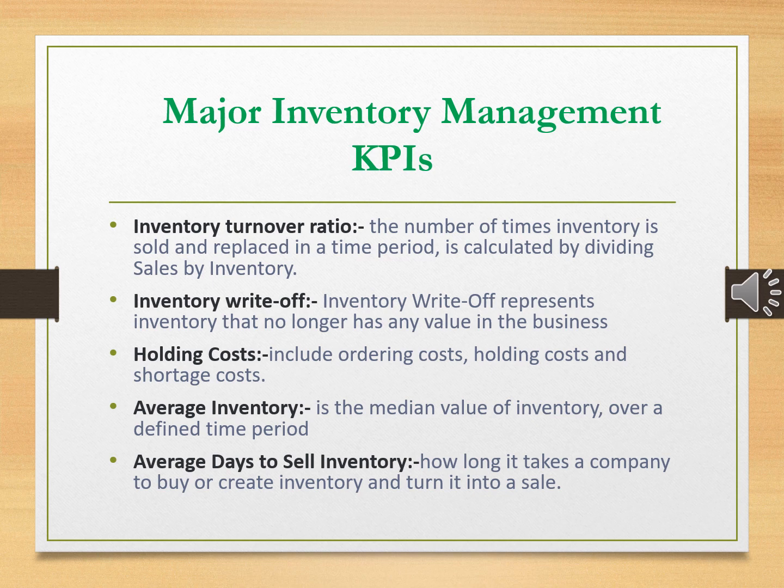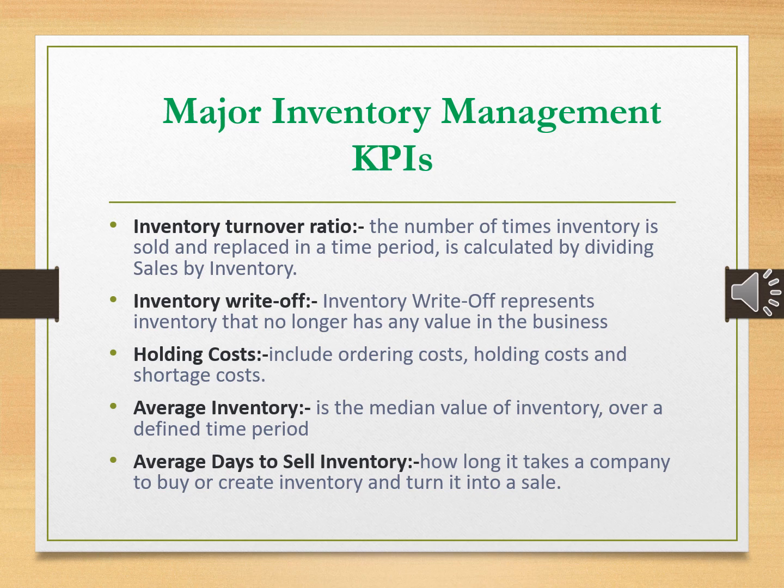The first one is the inventory turnover ratio. This is the most important KPI in inventory management. It is the number of times inventory is sold and replaced in a time period, calculated by dividing sales by inventory, for example cost of inventory and sales. It is the relation of how many times we have turned around the inventory. The more we turn around the inventory, the better.